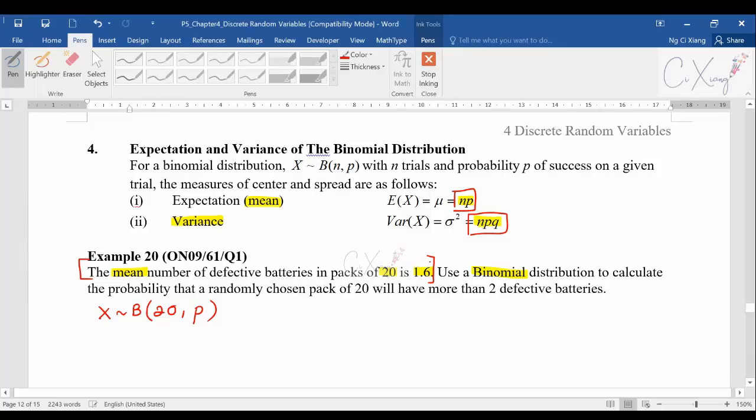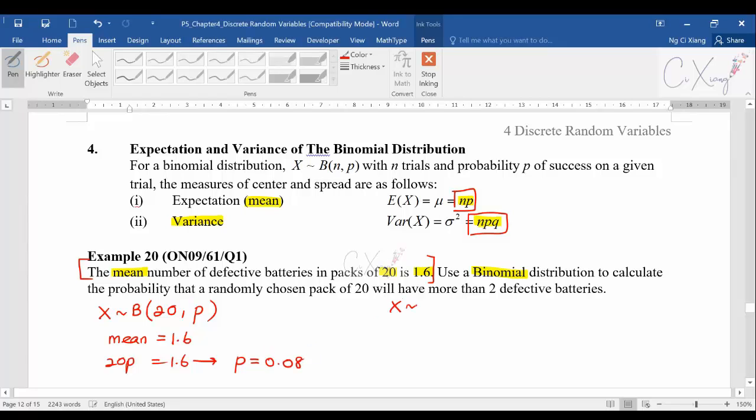From the first sentence, the mean equals 1.6. The mean for binomial distribution is np, so 20p equals 1.6. From here you get p, which should be 0.08.